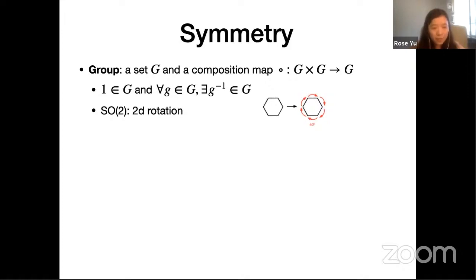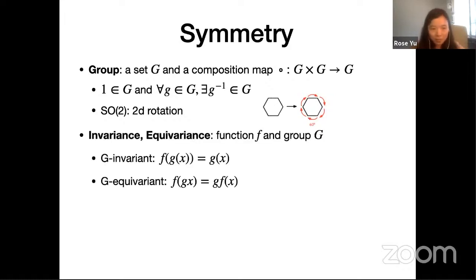A familiar example of a group is the rotation group in 2D, and that's the SO(2) group. It's obvious that identity is an element in this group, and for every left rotation, we have the inverse operation of right rotation. What we mean by symmetry is essentially a property defined based on a group.